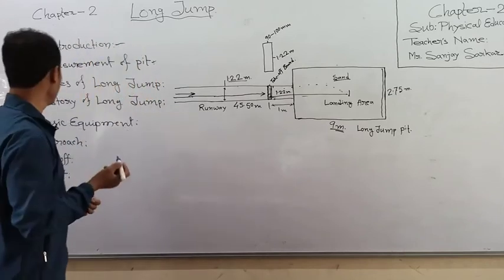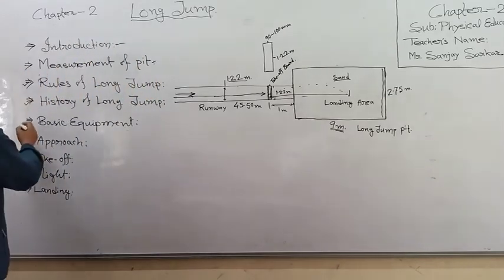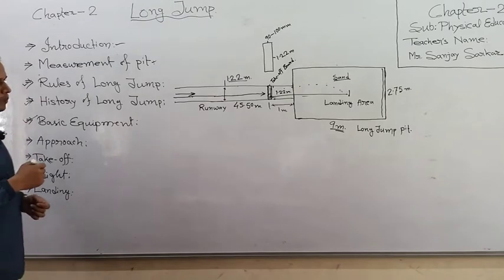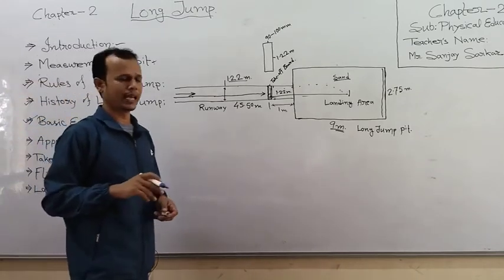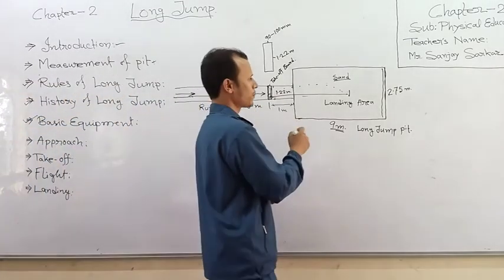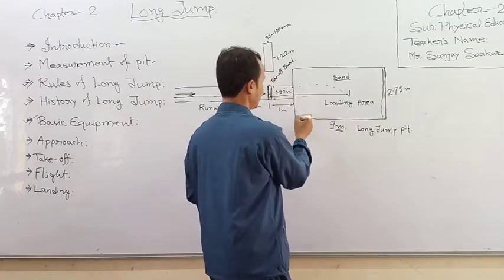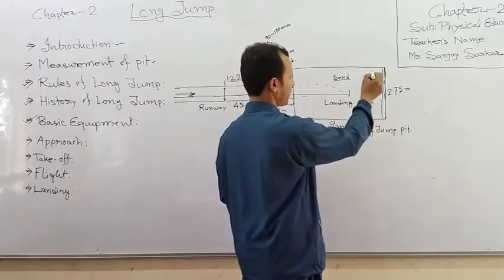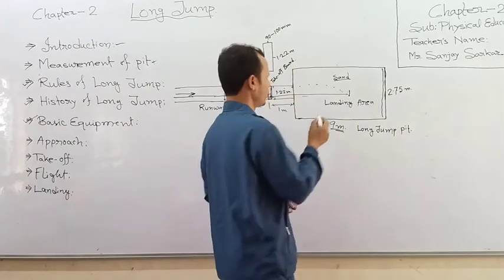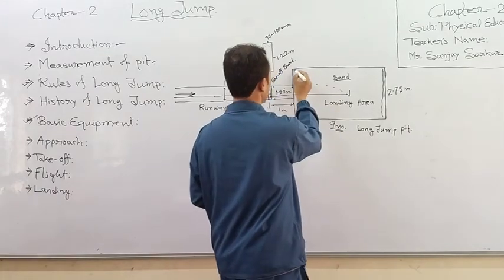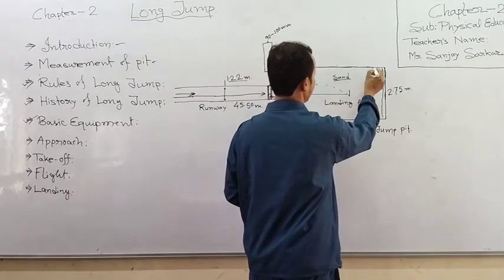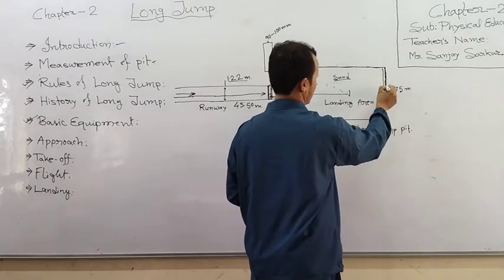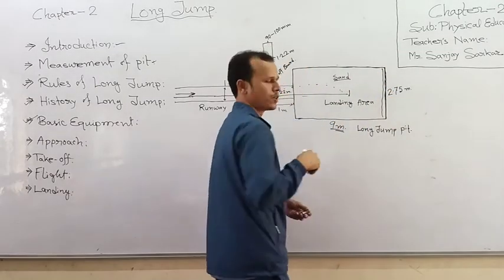Okay. Now we will come to the next point, basic equipment. At first we need a clean surface area. Then we have to make a pit with bricks. The border of the pit will be made of bricks, or some other stone, it may be concrete.